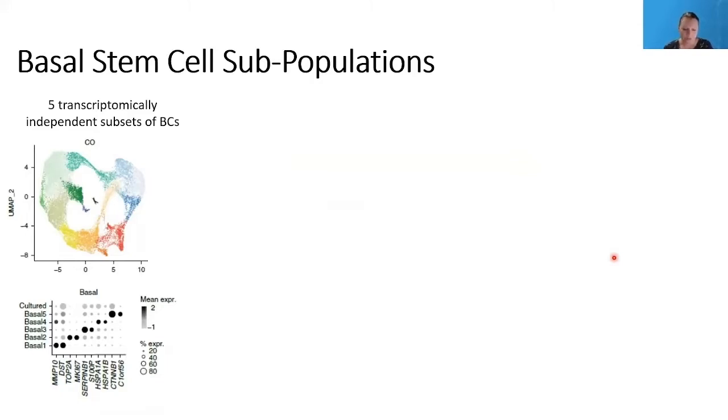And we do now know that there are subpopulations of basal stem cells. Work done by a group in the Cystic Fibrosis Consortium on Stem Cells, published recently, shows that there are 5 transcriptomically independent subsets of basal cells, as can be seen here, and they've shown the differential expression of several genes associated with each of those subsets.